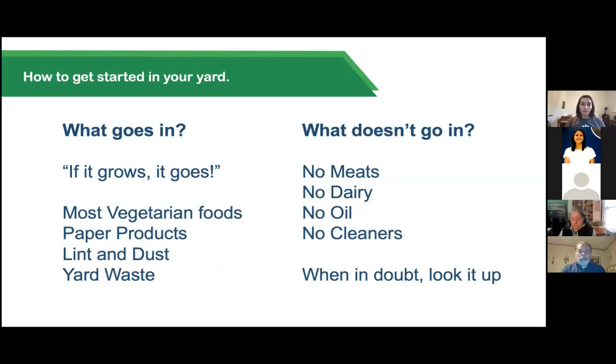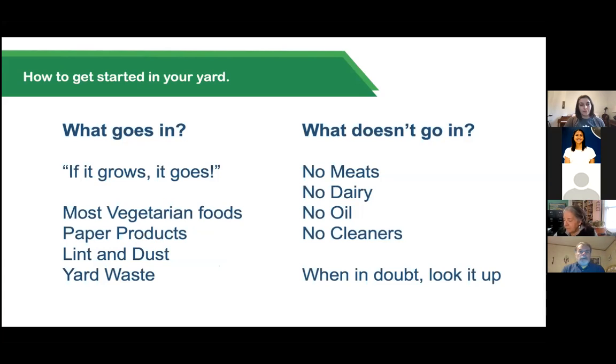So what goes in? This is the most common question we get, and it's pretty simple, but there are some outliers sometimes. So things that go in, the general rule, and this is what I like to tell people when they ask me, is if it grows, it goes. If it's a plant or it was a plant, it likely can go into your compost.